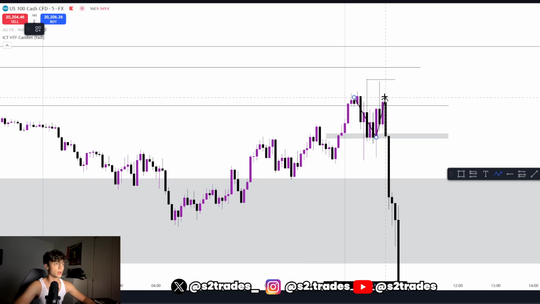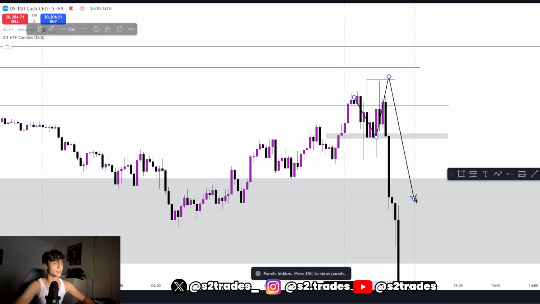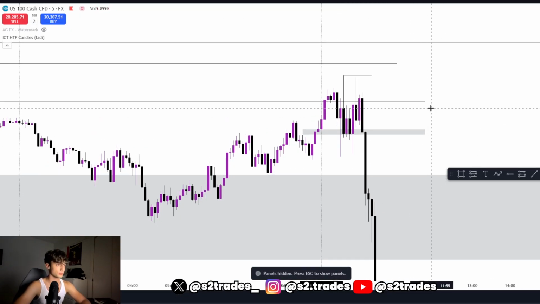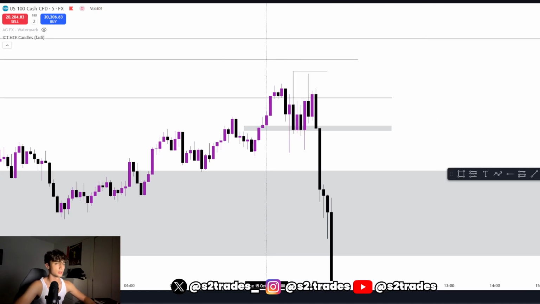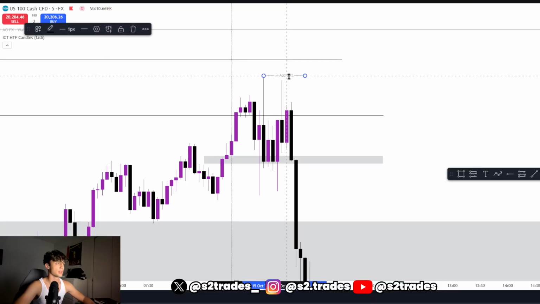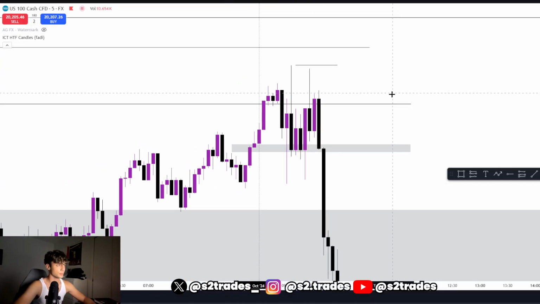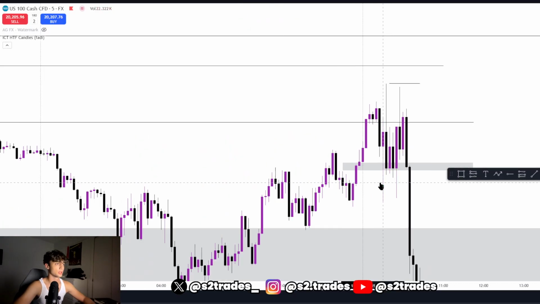I assumed that price would have gone up to sweep the open, and then continue going down. So I patiently waited for the sweep. However, it did not occur. We missed my entry by just a tiny bit, and yeah, it ended up shorting.